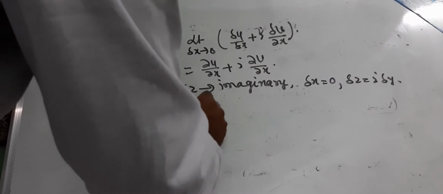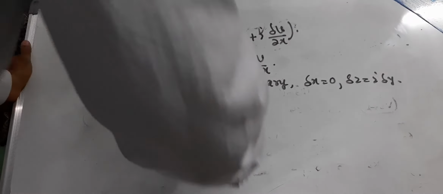So therefore f prime z equal to limit i delta y tends to 0, and then it becomes delta u by i delta y plus i delta v by i delta y.